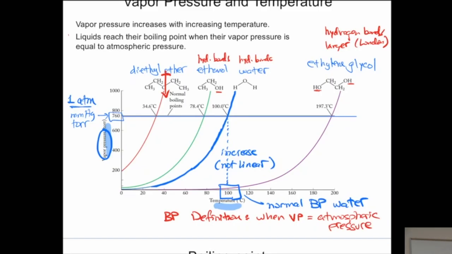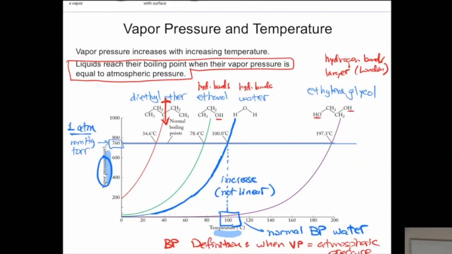In fact, it says it right here. This is what boiling point is. It's still transitioning from the liquid phase to the gas phase, so it's still vaporizing. But specifically, the boiling point is whatever that temperature is where the vapor pressure of the liquid becomes equal to the atmospheric pressure above the liquid.